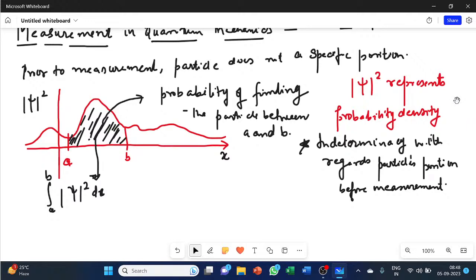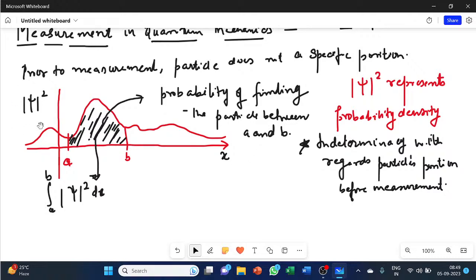So understand, in quantum mechanics, one of the most important things we do, in order to measure a particular thing, is make ensembles. We make ensembles prepared in the same wave function, and we make repeated measurements. This is what is called taking an average value, or expectation value. This is an important concept in wave mechanics, and the same we are going to see in matrix mechanics also. There I'm going to jot down all these points.